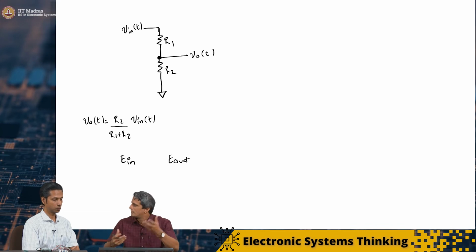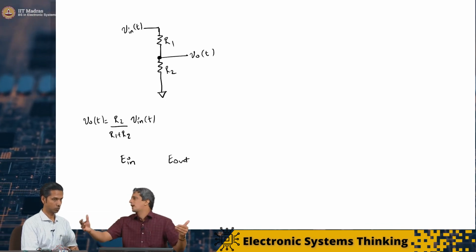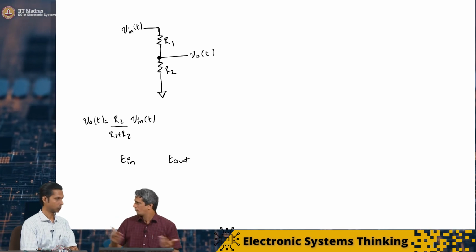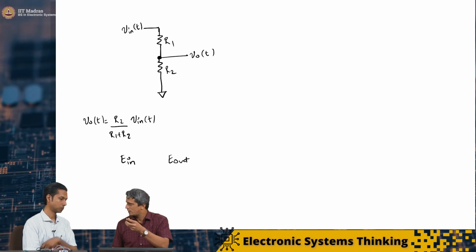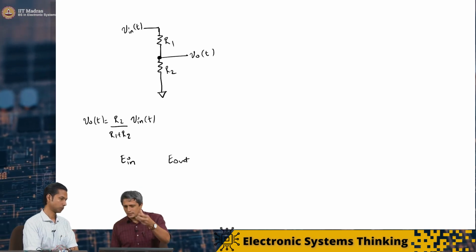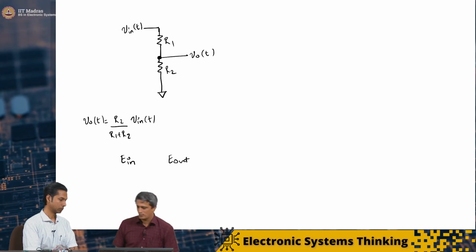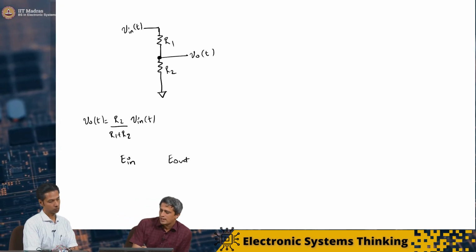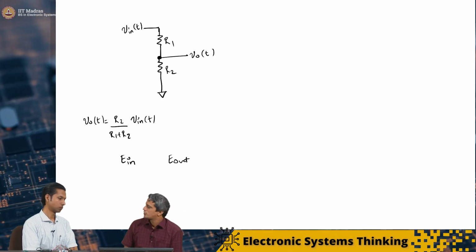If you remember, we did the RMS calculation: V RMS squared by 2, into whatever time we are looking at. So if you look at the RMS value of the voltage, we get an estimate of the power and energy. Now, what do you think the relationship between energy input and energy output should be?